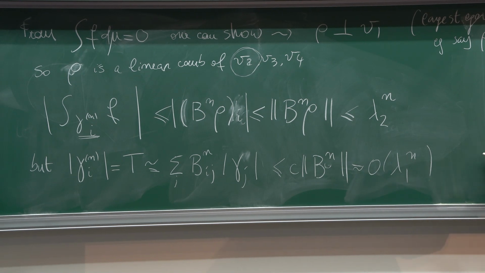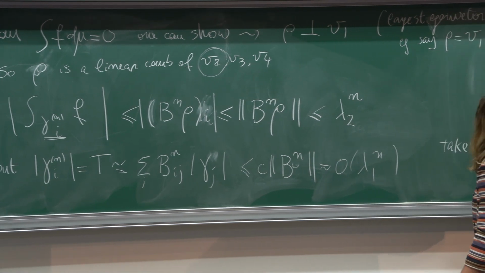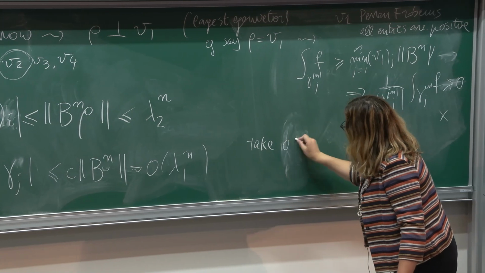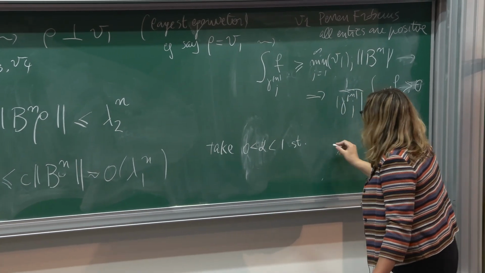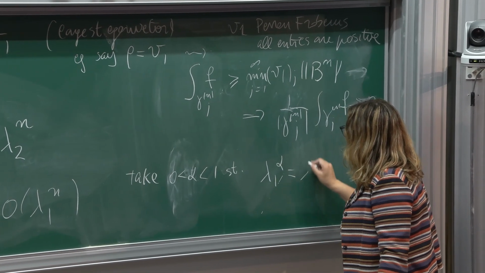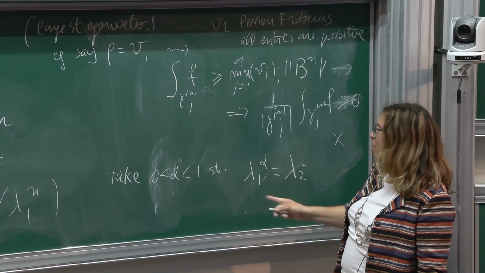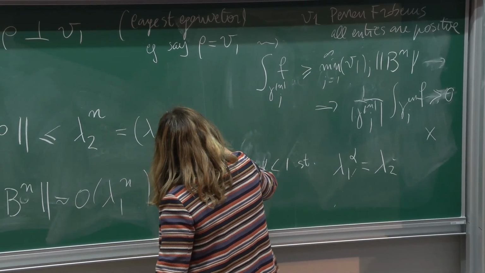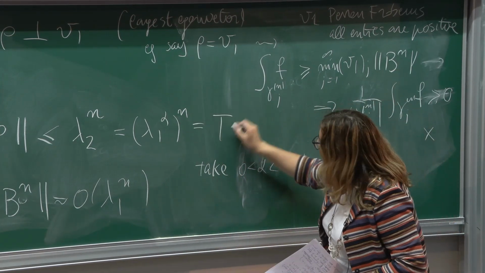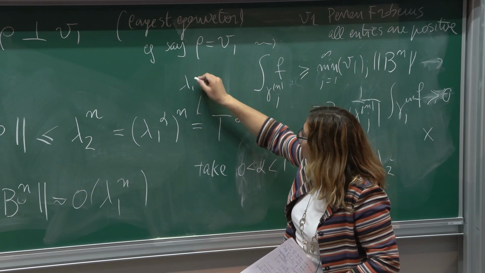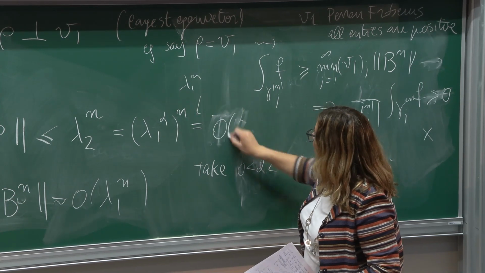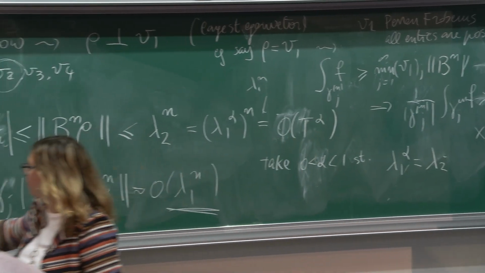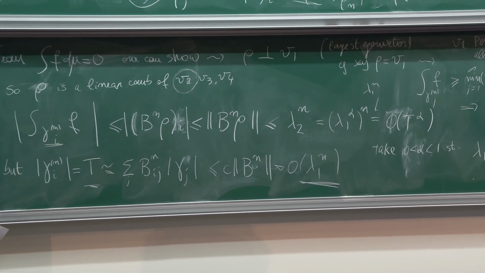And now we are done, because you take alpha less than 1 such that lambda 1 to the alpha is equal to lambda 2. So this lambda 2 to the n is actually lambda 1 to the alpha to the n, and this is t to the alpha. I'm using that t is of the order of lambda 1. So you see the power deviation appearing.